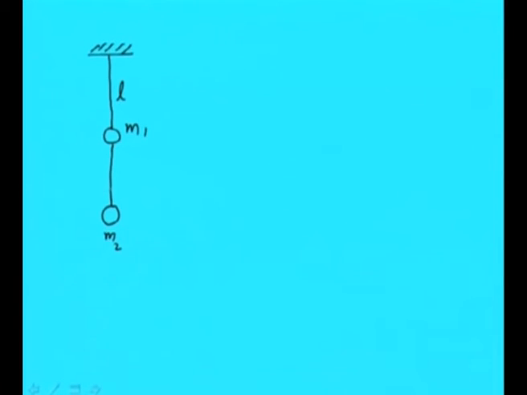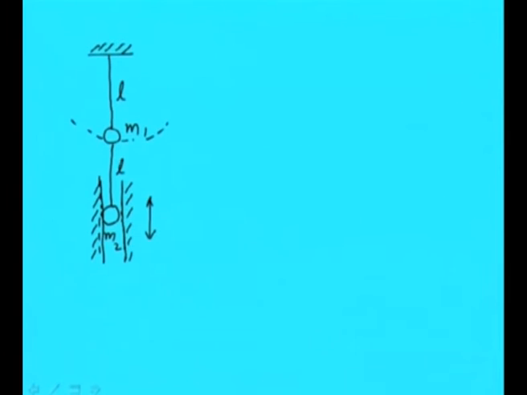The only constraint which we are giving to the second mass is that it is constrained in a small cavity, and this particular ball can have up and down motion only, and we are assuming that there is no friction between the surface and the ball, so it is smoothly going up and down on this particular slot. But this mass can have this oscillation.